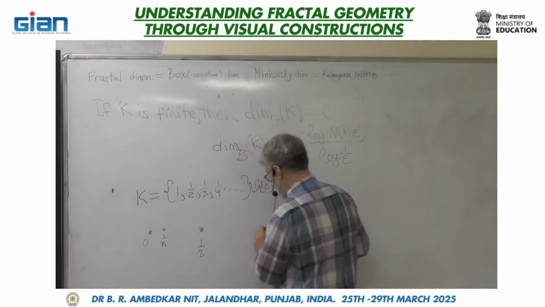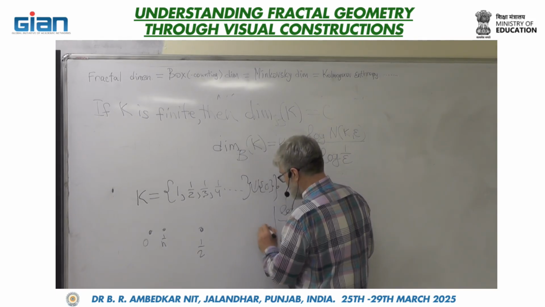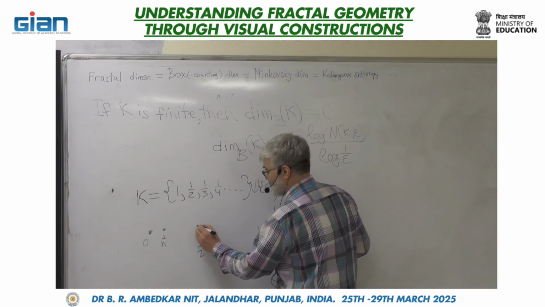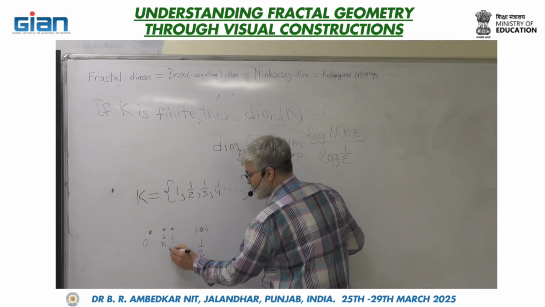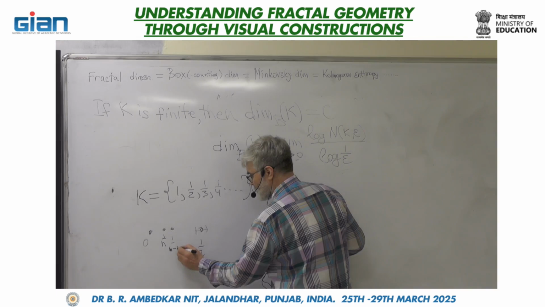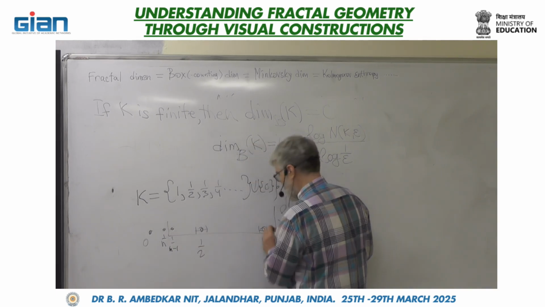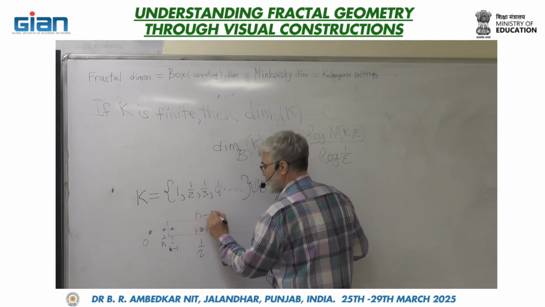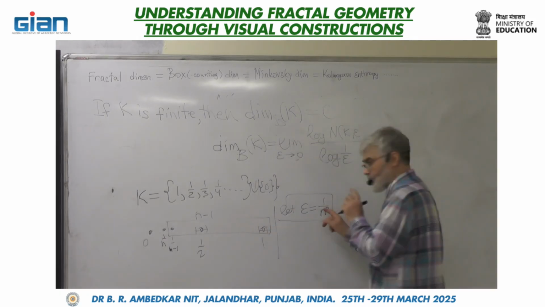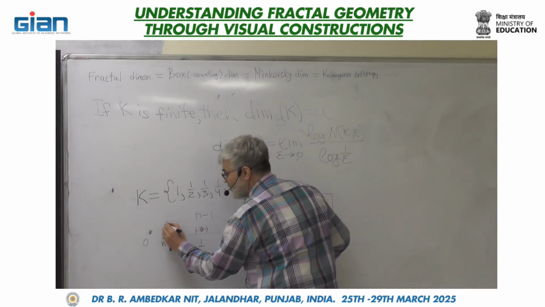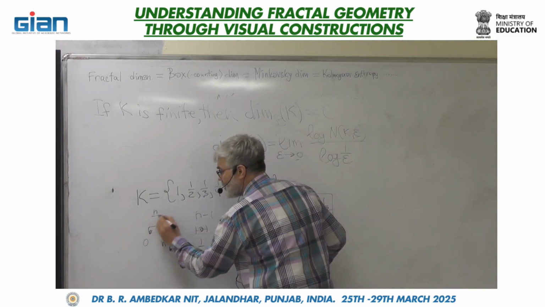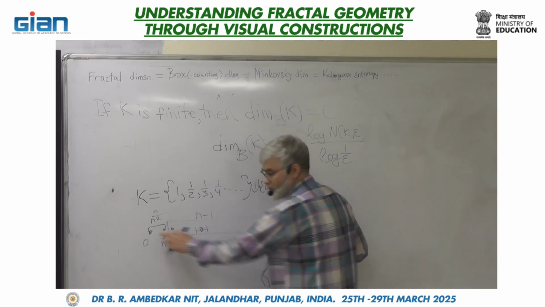So let epsilon be 1 divided by n squared. Then the boxes of the size 1 divided by n squared cover all numbers from 1 to 1 divided by n minus 1. There will be n minus 1 such non-overlapping boxes. And here we have also n non-overlapping boxes.